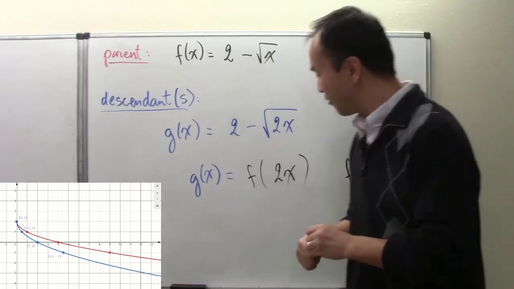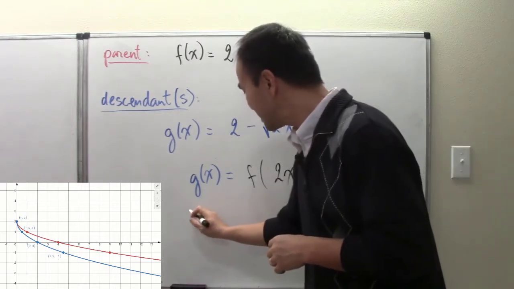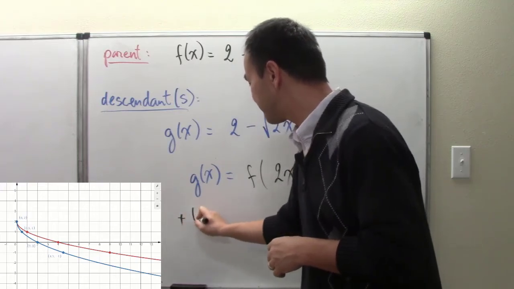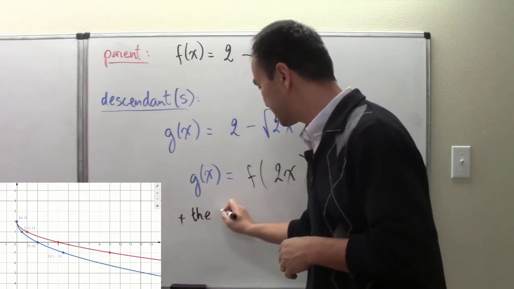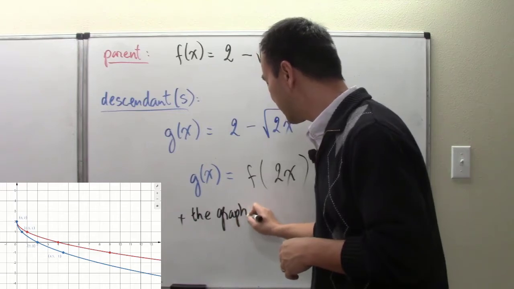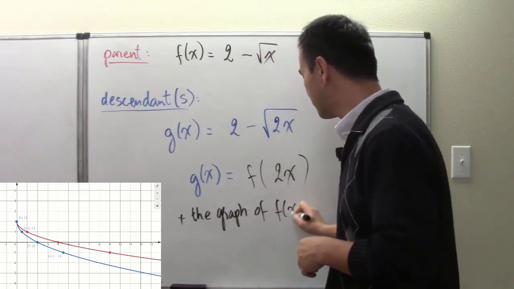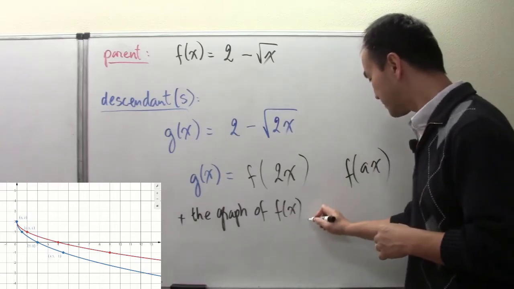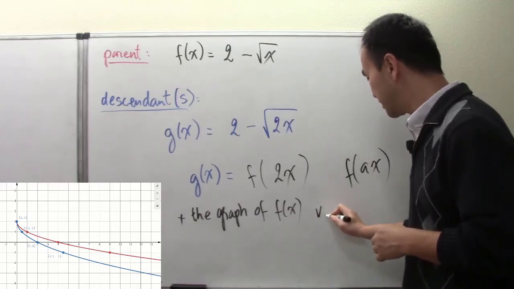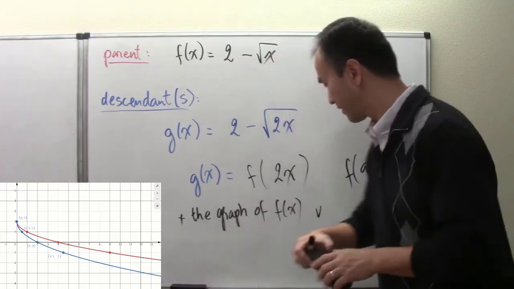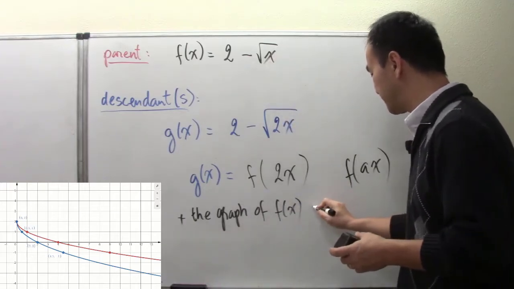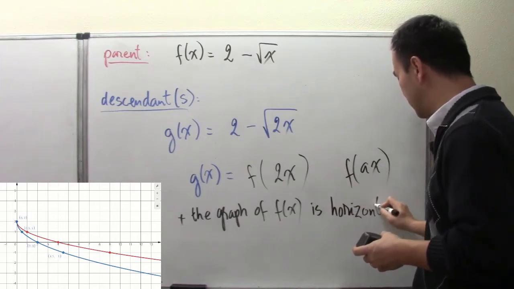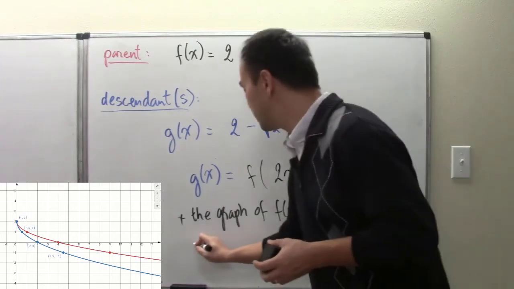So the observation here: the graph for this g is the graph of f, horizontally compressed.